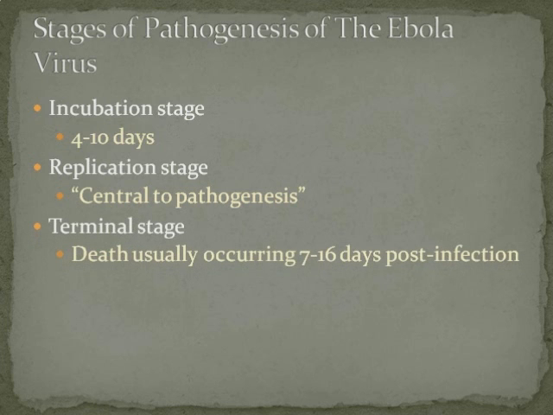The final stage, the terminal stage, is at the point where the host's immune system has been almost completely compromised, either by inhibition or destruction, and the replication stage is still present, causing further damage.